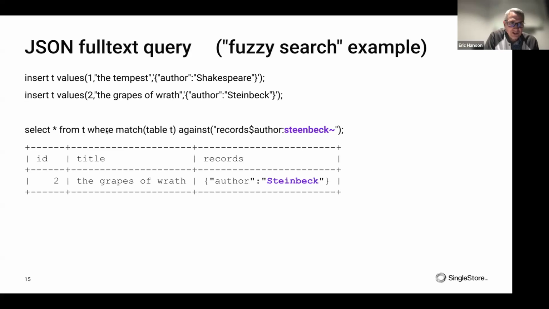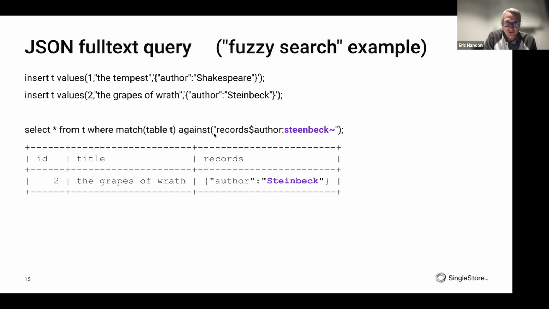Select star from T where, and then we use this match against clause in the where clause. So match table T. This is new, this keyword table in front of the table name. Before you'd say match and some fields against your full text search query string. Now you just say match table name against, and then the full text search query string is in the against clause.